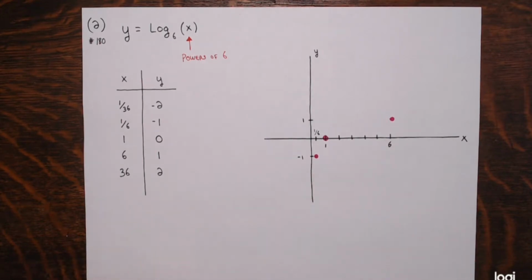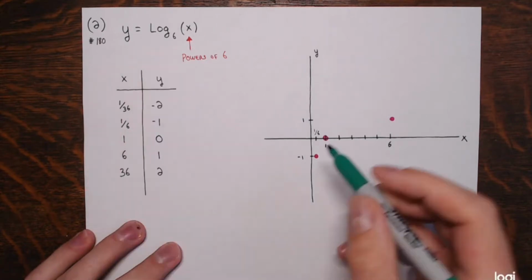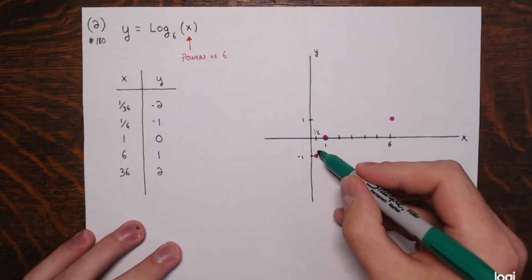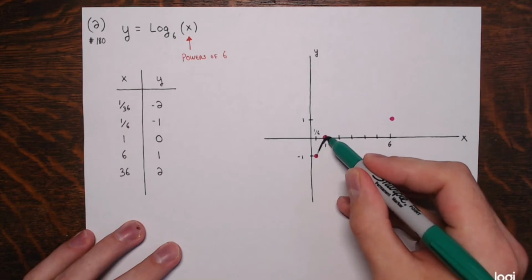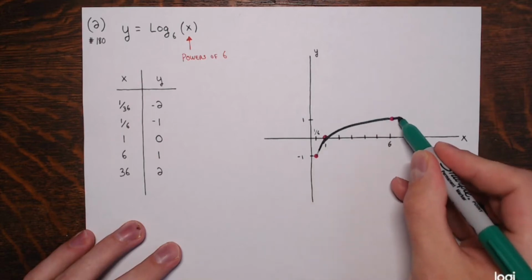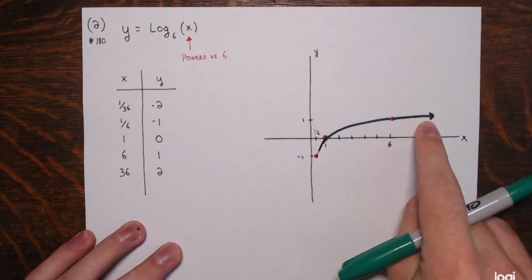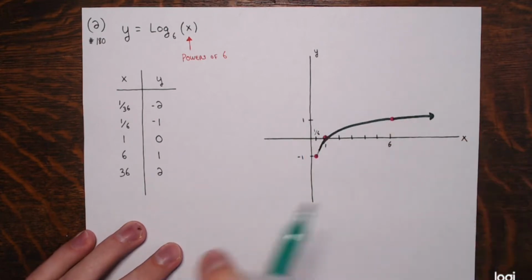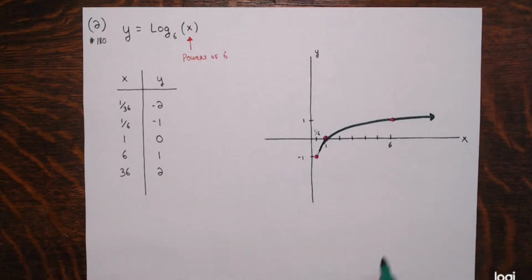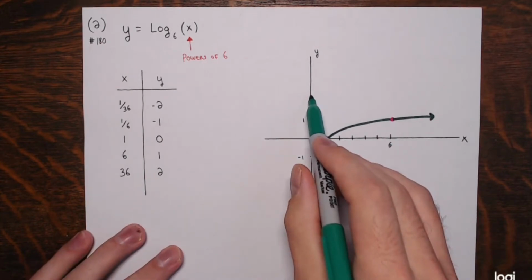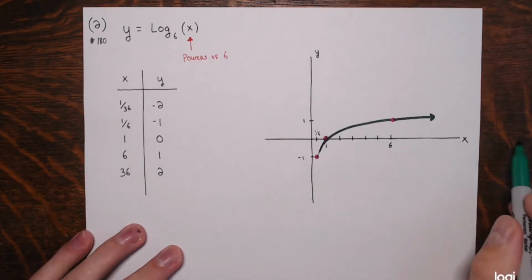And again, the graph will do like the graph of number 1 did when I had log base 2. It's going to be increasing as I move to the right, just very, very slowly. It won't get up to an output of 2 until I get out to 36. It won't get to an output of 3 until I have an input of 6 cubed, which is 216.